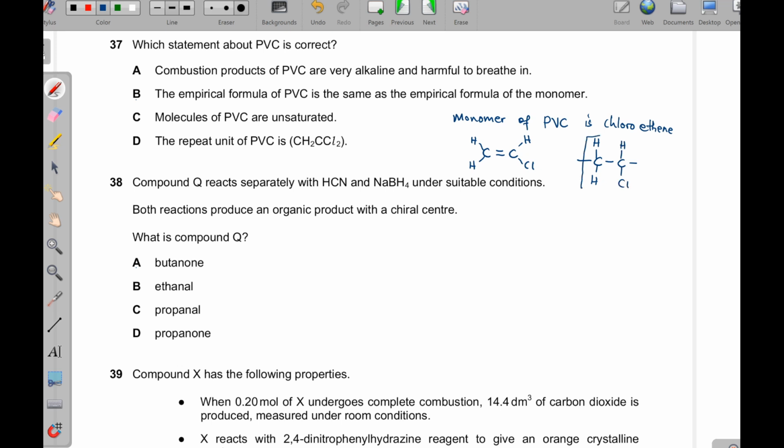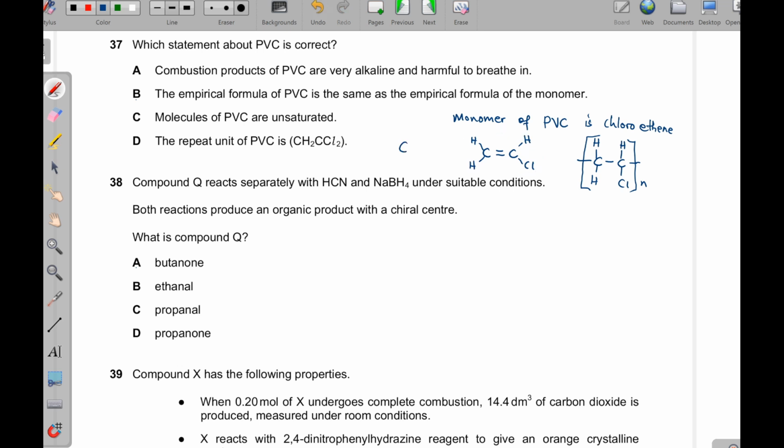So as a polymer, then I will represent it with this. So this is its repeat unit. And remember, since we are looking at the simplest whole number ratio, we have very many of these. So times n, I don't know how many they are going to be, okay? But the empirical formula is going to be the same because this one here is already simplified.